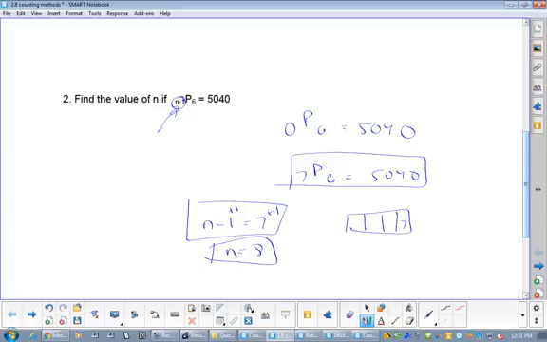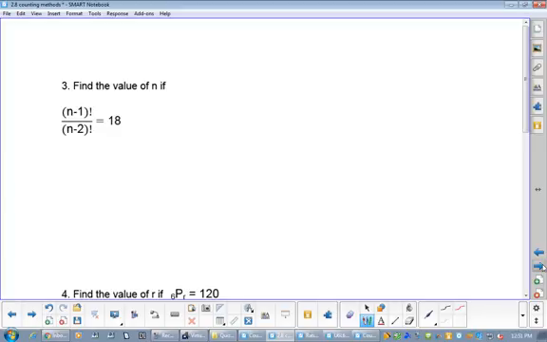Okay, now here's the other thing they could give you. They want you to find the value of n. So we have to use what we learned on how to do factorial notation, and now to find an answer. Again, this would most likely be a numerical response question.